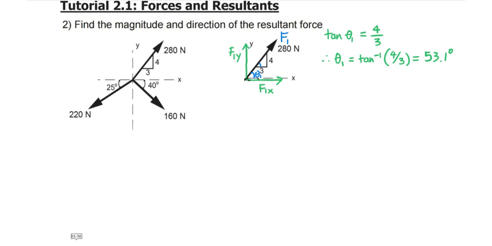So F1x equals F1 cosine of the angle θ1 equals 280 cosine 53.1 degrees equals 168 Newton pointing to the right.